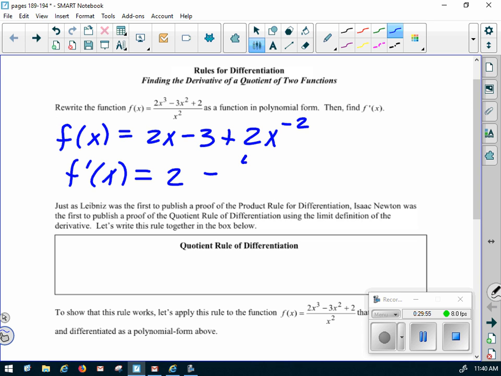Minus 4x, or negative 4x. Yeah, good. Same answer.